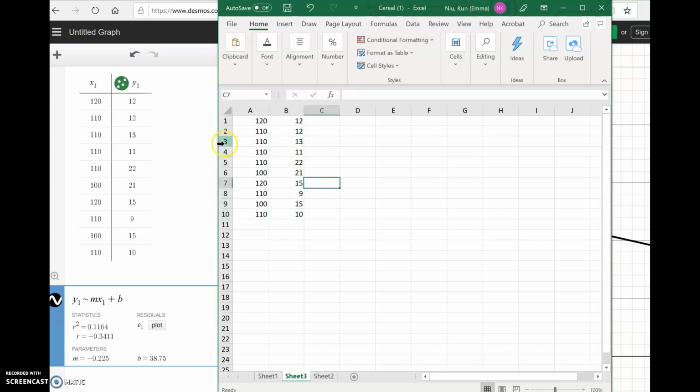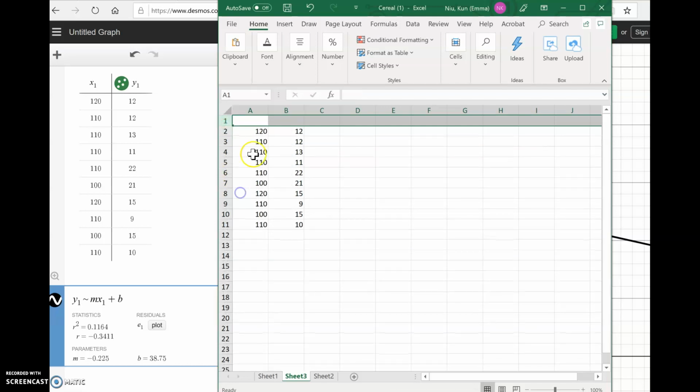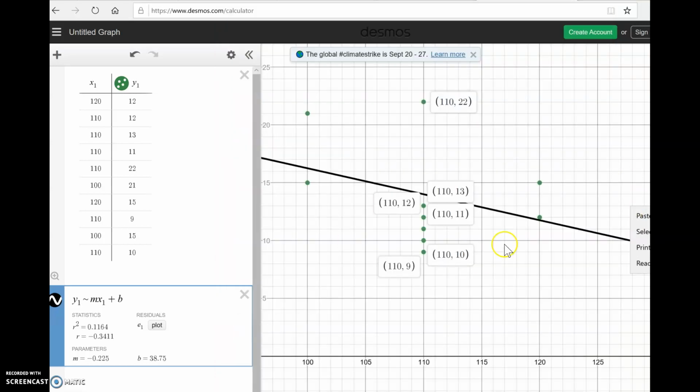So once I enter in the data, if you want to, you can have a title to say this is the calories and this is the carbs, and then you want to have a graph like this one, and then you want to have a best fit line.